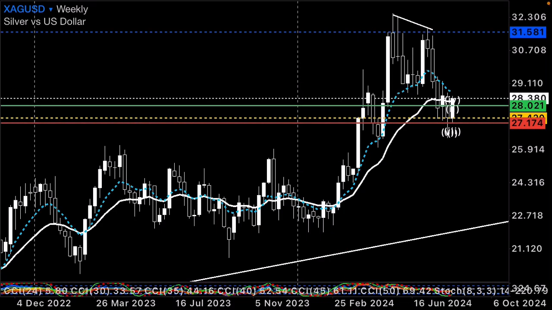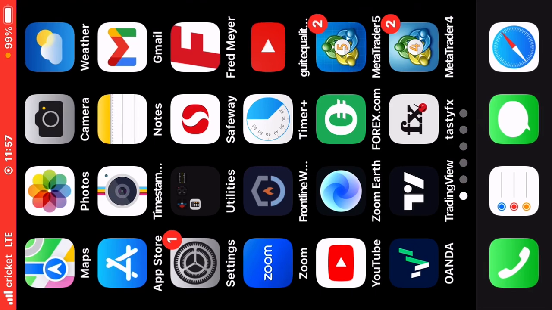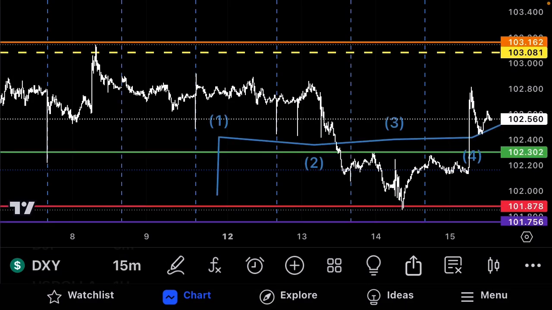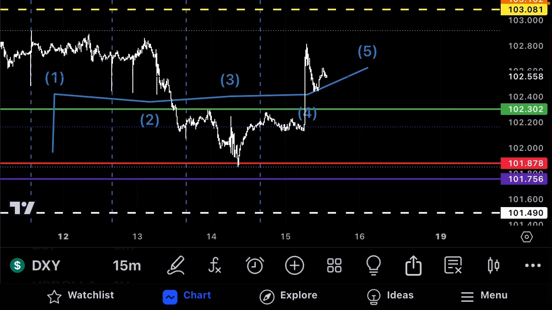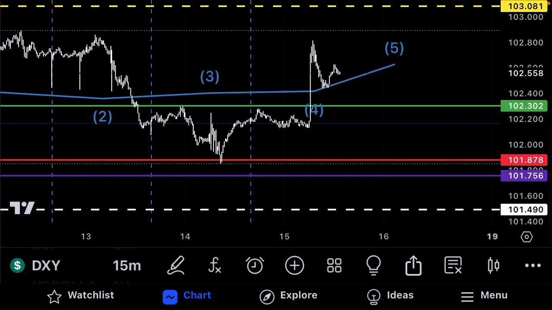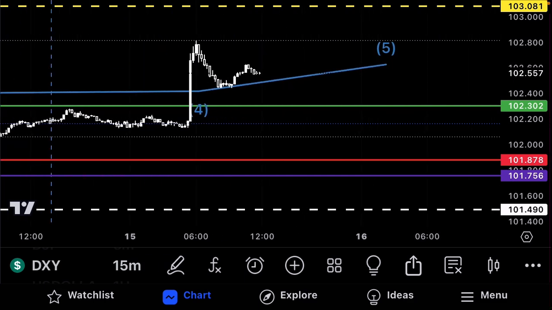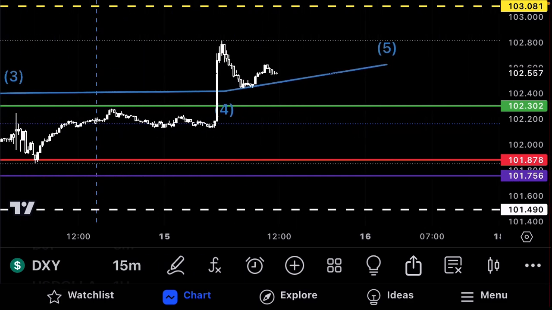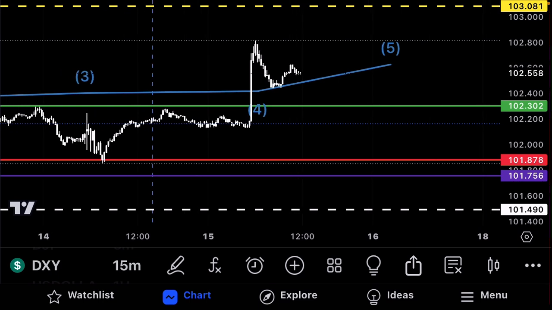So, then go over here to the dollar. See what the dollar's up to. So here's the dollar chart. It went up for news, and then it came down, then it went up, and then it's coming down a little bit, correcting.